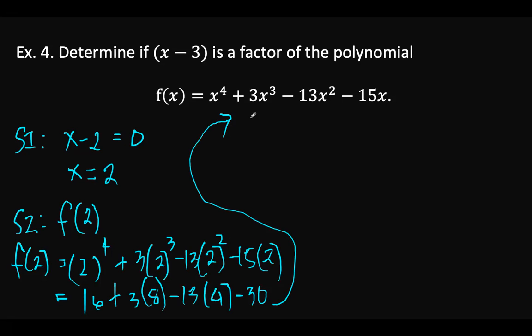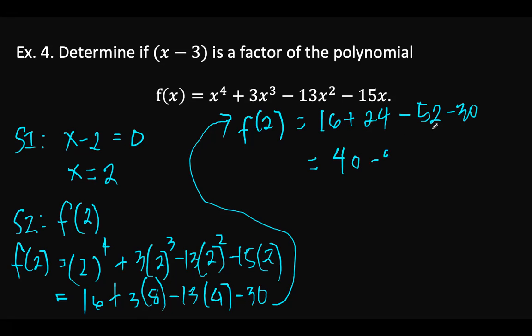Okay, so we have f of 2 is equal to 16 plus what is 3 times 8? 24. Negative 13 times 4, that's negative 52, minus 30. There we go. So this is 40 minus 52 minus 30, negative 52 minus 30, that's negative 82.